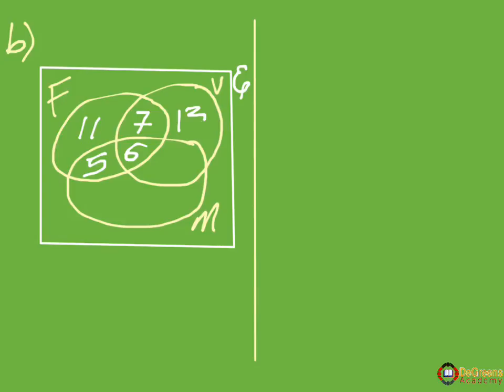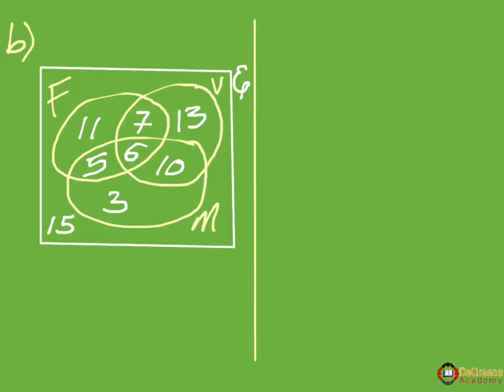And the other regions will simply give 13, 10, 3, and the region not found within the circles will have 15. So we have now drawn our Venn diagram by replacing those unknowns with their respective values.